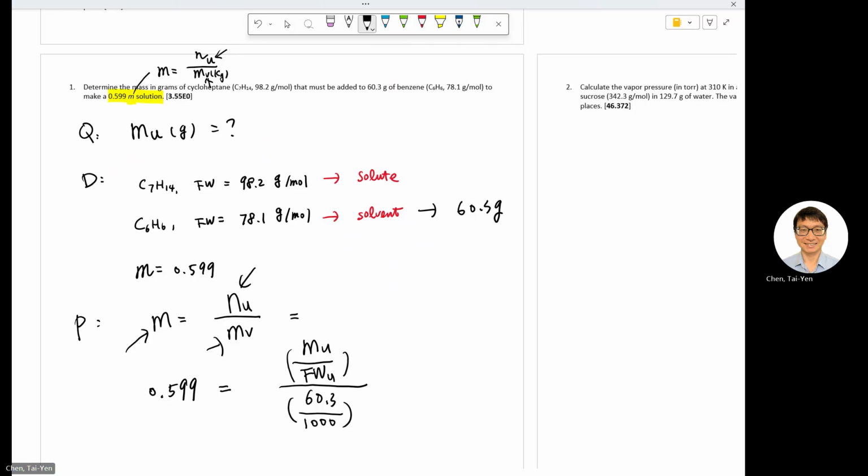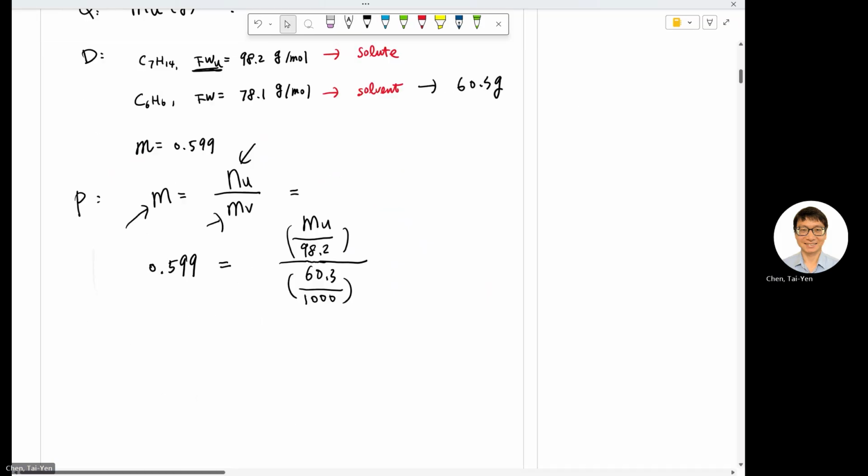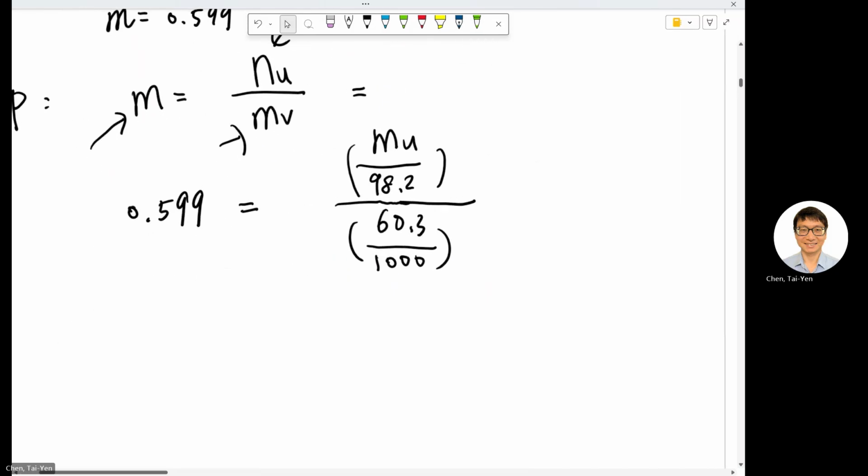Once I write up to this point, I realize I also have the formula weight of my solute, so the bottom one is 98.2. So far, so good.